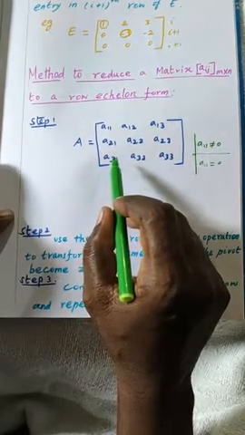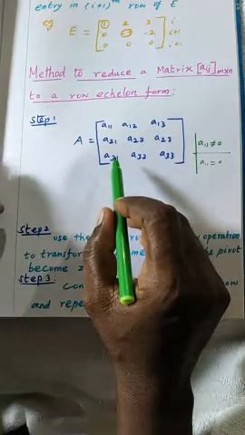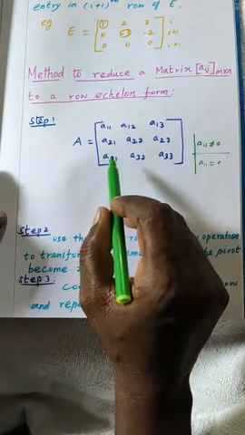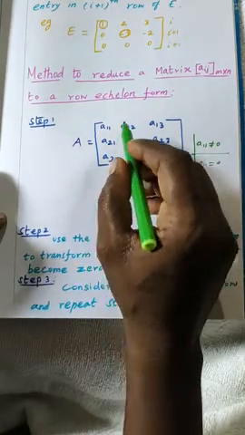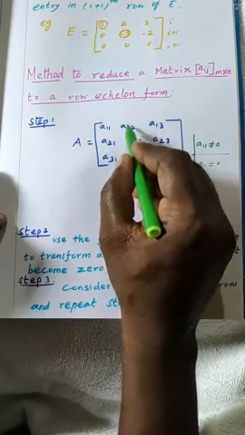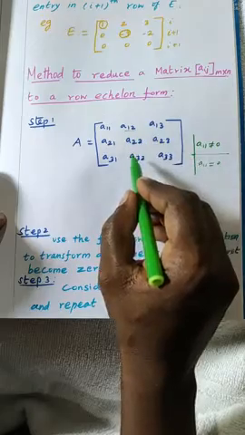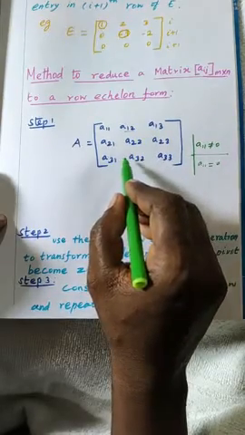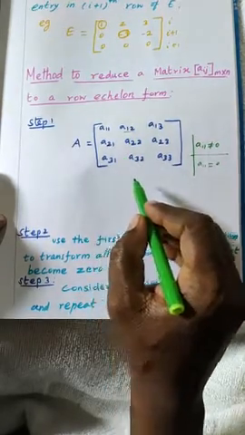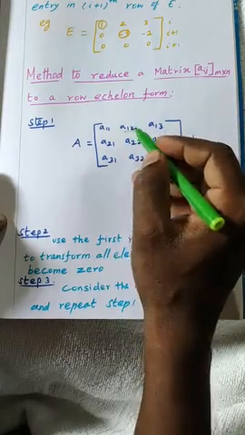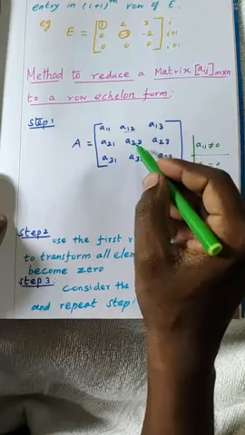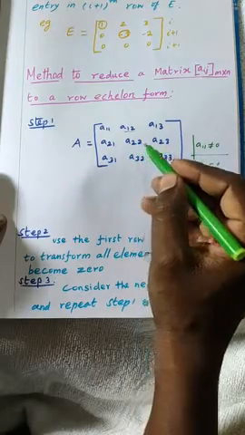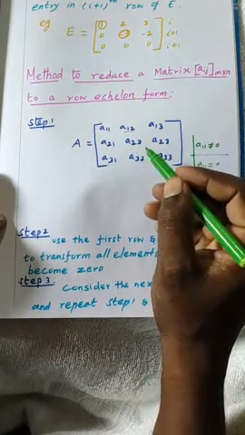If no row below the first row has a non-zero entry in the first column, consider A12. If A12 is not equal to 0, then go to step 2. Otherwise, interchange row 1 with any other row below the first row that has a non-zero element in the second column.